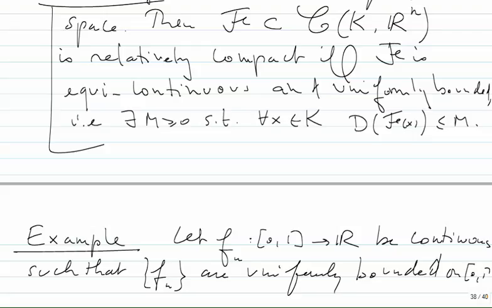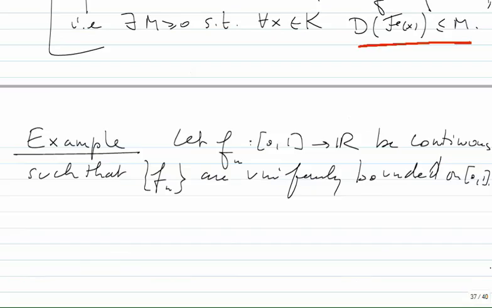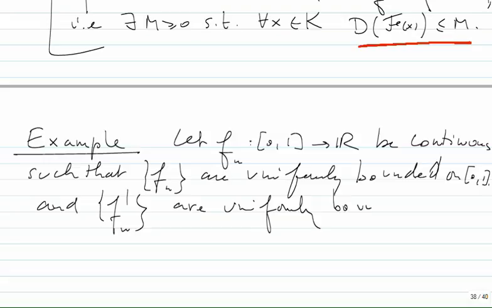So this is the condition here that we're assuming. Okay. Moreover, we assume that the F_n's all have a derivative F'_n which are uniformly bounded on (0, 1) open. Okay.